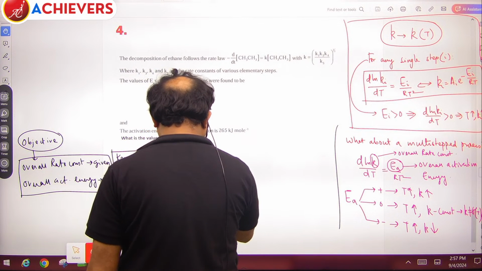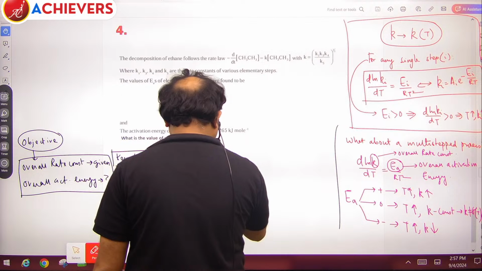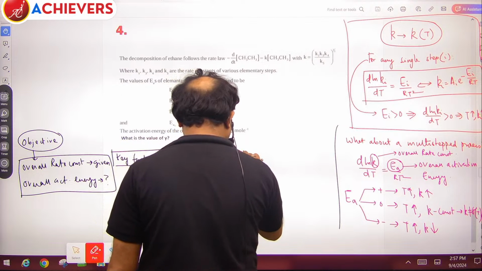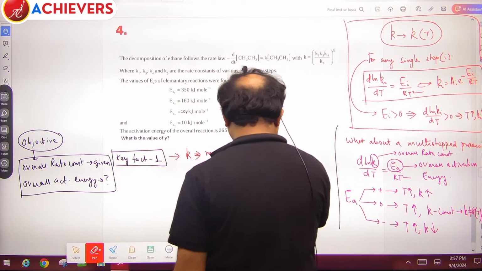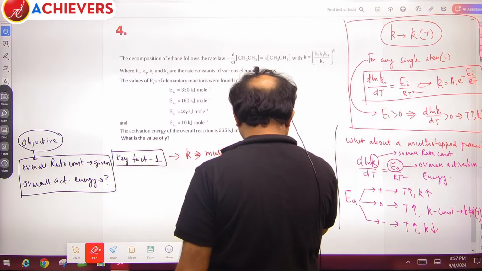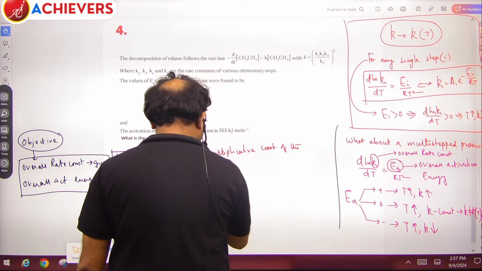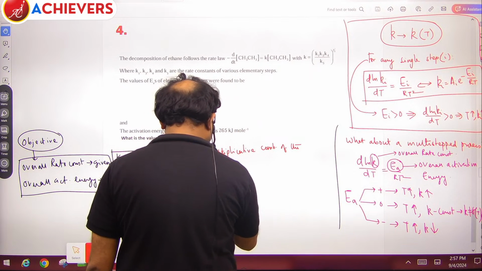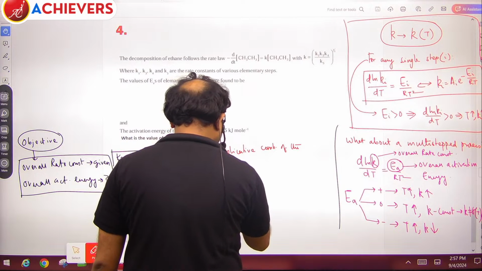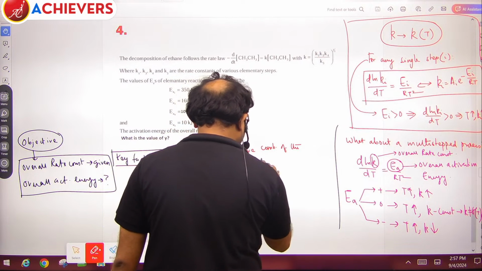So in key fact 1, K is the multiplicative combination of the individual rate constants.